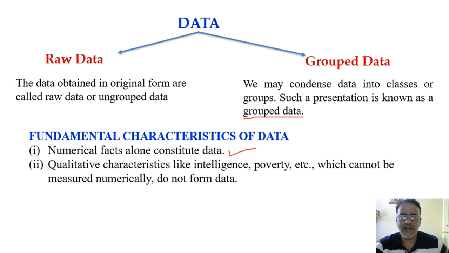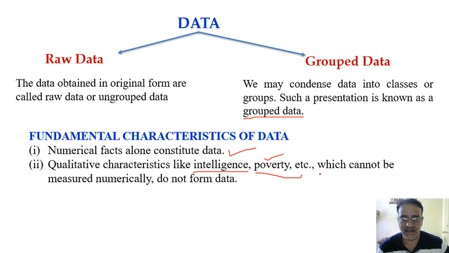Next, qualitative characteristics like intelligence, poverty, etc., which cannot be measured numerically. We were just talking about photographs; photographs also we cannot measure numerically. If you present it another way, the number of photographs you collect from every friend, then that can be considered data. But intelligence and poverty will not form data.